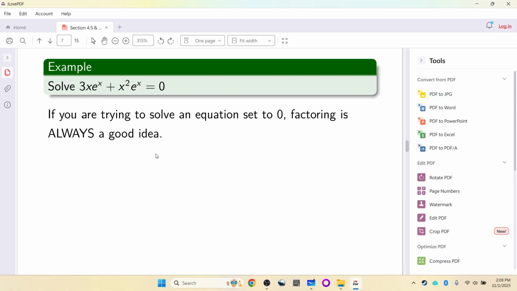Here we've got kind of an ugly looking equation, but we've got it set equal to 0, so factoring is always a good idea when we have an equation set to 0. So let's look at that, what's a common factor? Well, x, but also e to the x. Let's write it out.